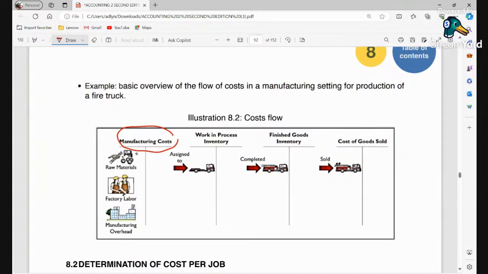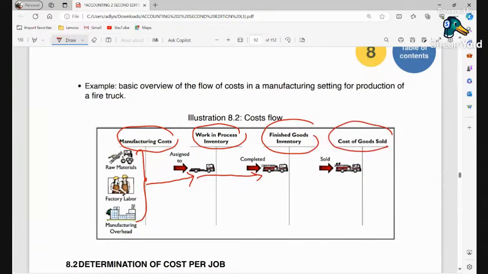Once these three items are put into production, they move into work in process inventory. Once the truck is completed, it goes into finished goods inventory. When the completed item is ready and we are waiting for the customer to come and fetch it, that means we are in the process of selling the item, so it moves from finished goods inventory to cost of goods sold.